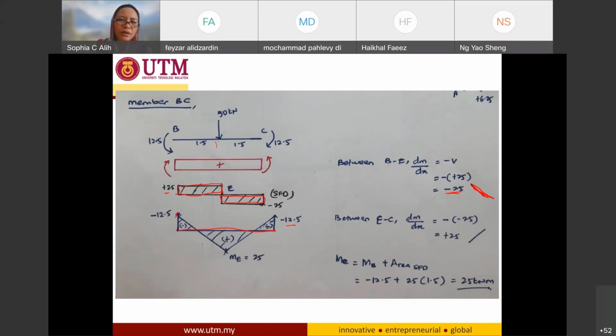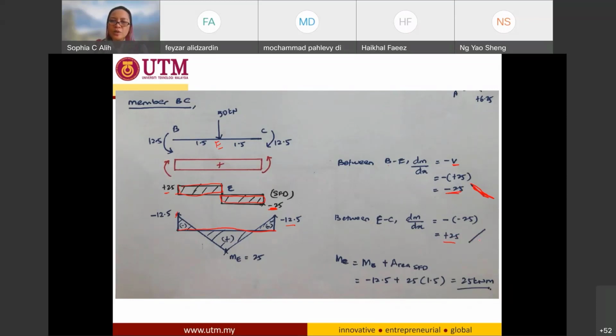And between point E and C, the slope dM over dx is going to be negative times negative 25, so times negative V. Since the shear force here is negative 25, when I multiply, it's going to be positive 25.